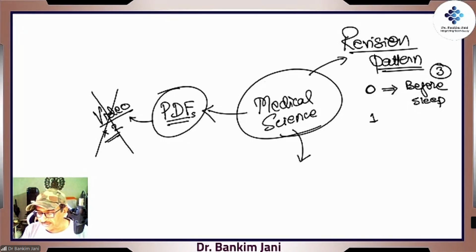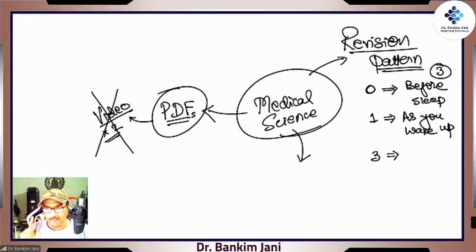This is day 1, that is the next day. As soon as you wake up, once again, have a look. In both these cases, no more than 5 minutes, but it should be scanned by your eyes at a high pace. Then comes within 3 days, again, same.